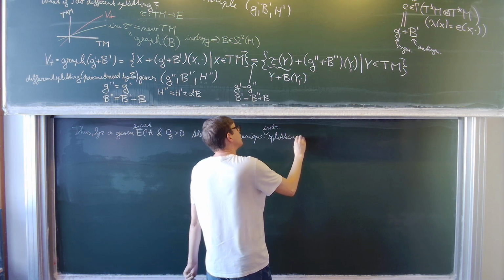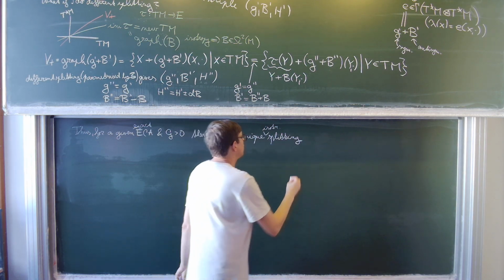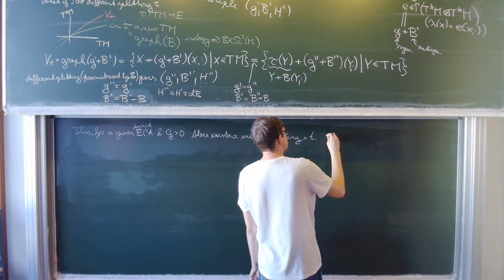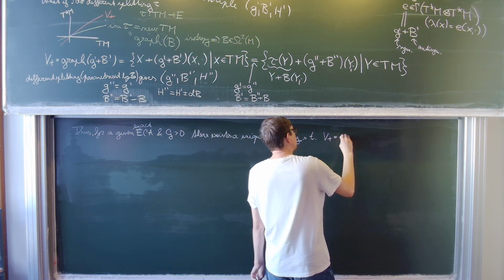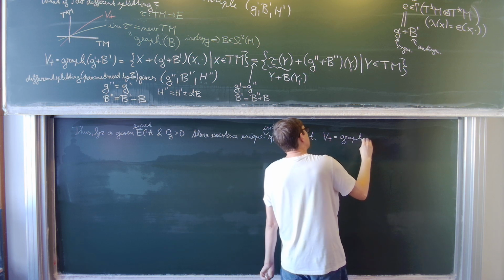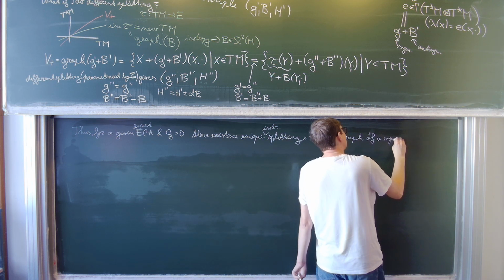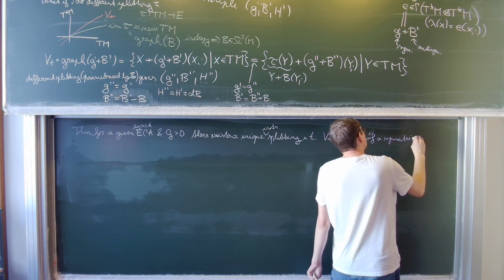or in other words, a unique identification with T plus T star, such that V plus is the graph of a symmetric tensor.